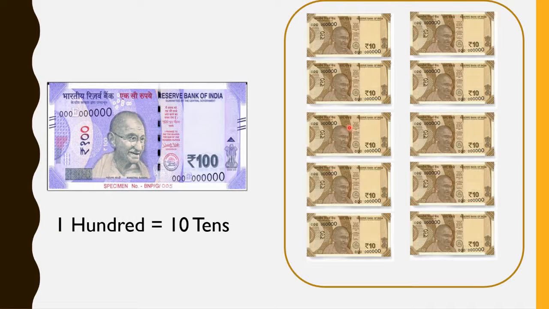So let's count the 10 rupees notes. 1, 2, 3, 4, 5, 6, 7, 8, 9 and 10. So there are 10 notes of 10 rupees. So when 10 notes of 10 rupees come together, they are 100 rupees. So 100 is equal to 10 tens.